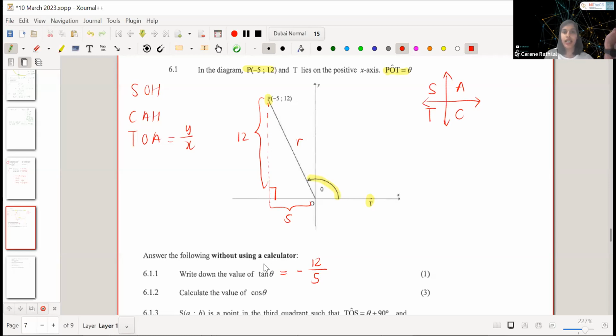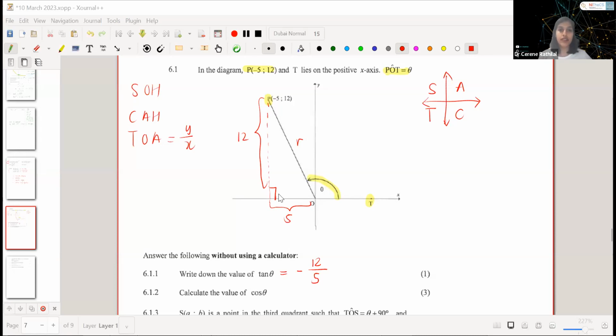So right now I am computing tan of theta in the second quadrant. Should tan of theta be positive in there? Well, clearly it shouldn't, because only sine is positive, and that is why there should be a negative sign in there. So one way to remember this is, well, it's negative because the 5 had a negative coefficient. It was on the negative side of the x-axis. Or the other way to remember that a negative belongs here is to think about the CAST diagram. And you're computing tan, you're computing it in the second quadrant.